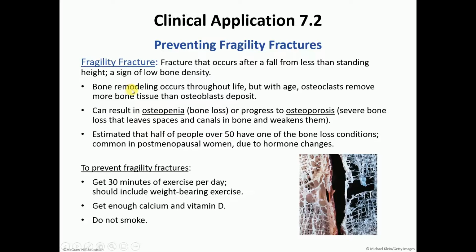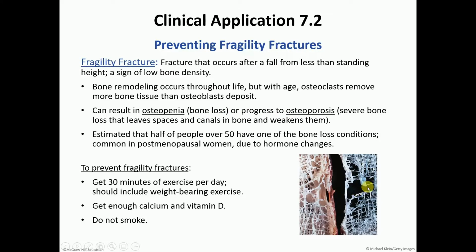So as we said, bone remodeling occurs throughout our life. It's not until we age that osteoclasts outnumber our osteoblasts. So osteoclasts are always removing more bone tissue than the deposition happening by the osteoblasts. That leads to osteopenia, which is bone loss that can progress to osteoporosis.